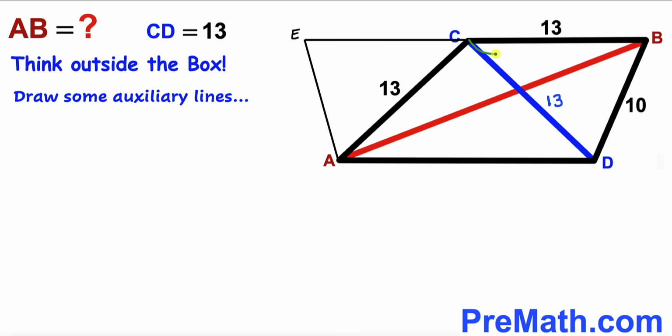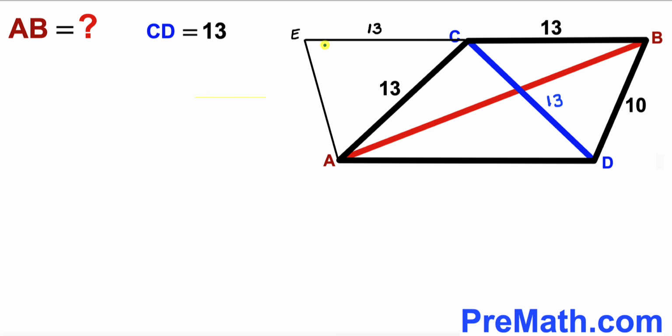And we know this BC length is 13 units, so this EC segment length is going to be 13 units as well. And bear in mind that all these points B, C, and E are collinear. And finally, I have connected these 2 points A and E.